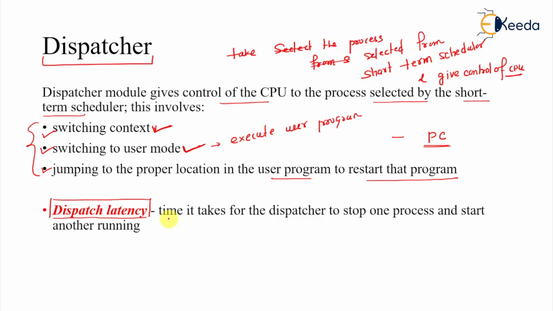So what is dispatch latency? It is the time it takes for the dispatcher to stop one process and start another running. It is the amount of time to stop the process, complete the three steps and restart it.